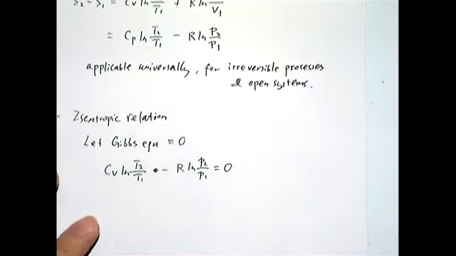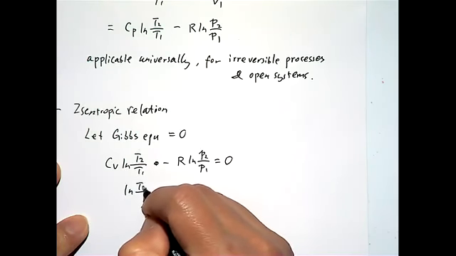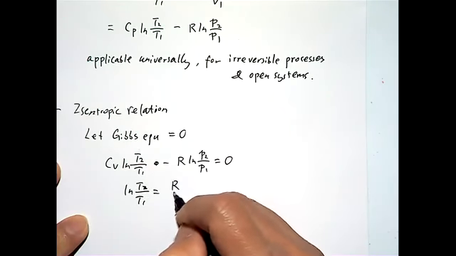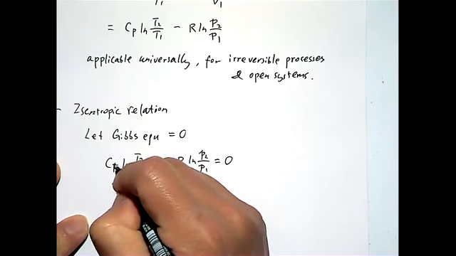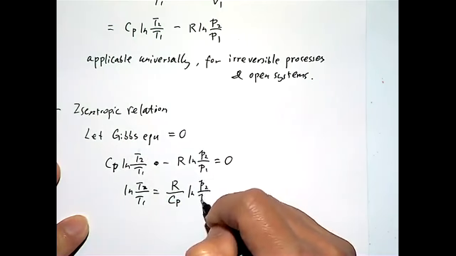Let's rearrange terms. So log T2 over T1 equals R divided by Cp, times log P2 over P1.